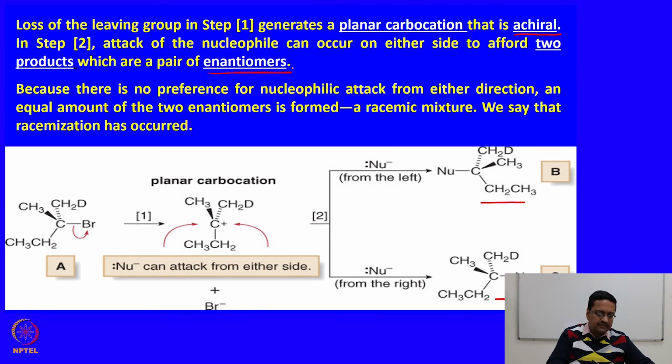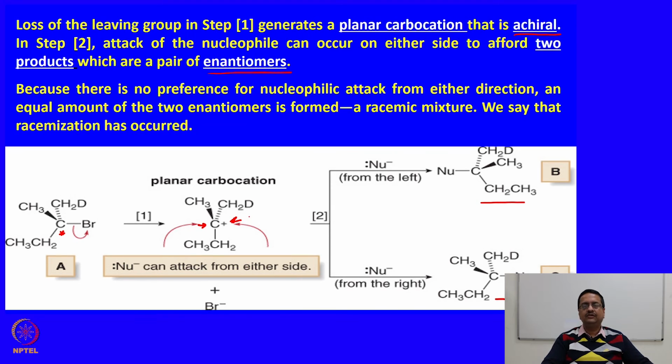So, here in this example, if you have a compound A which has a chiral center here, after removal of Br minus, this particular carbocation has 2 faces, as we have already seen in our stereochemistry course.